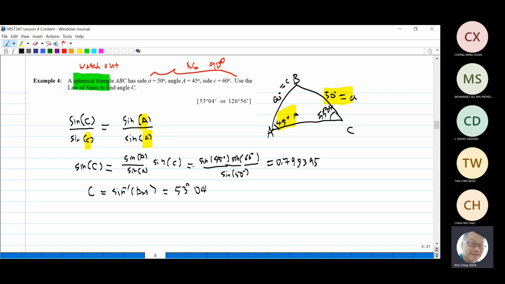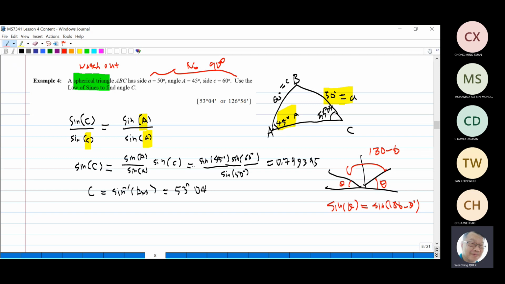Now there is an issue with sine. If you have a theta here, you can have another angle, 180 minus theta, and the sine of theta is the same as the sine of 180 minus theta.